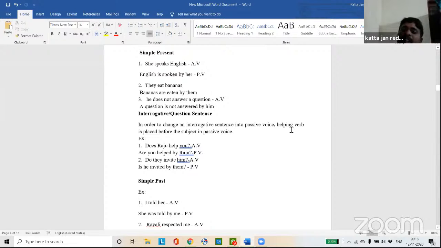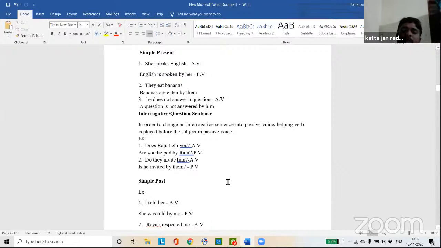And that is given before the subject, even in active voice. We have come to know in the tense topic, right? In every interrogative sentence, the helping verb is placed before the subject, even in active voice and also passive voice.